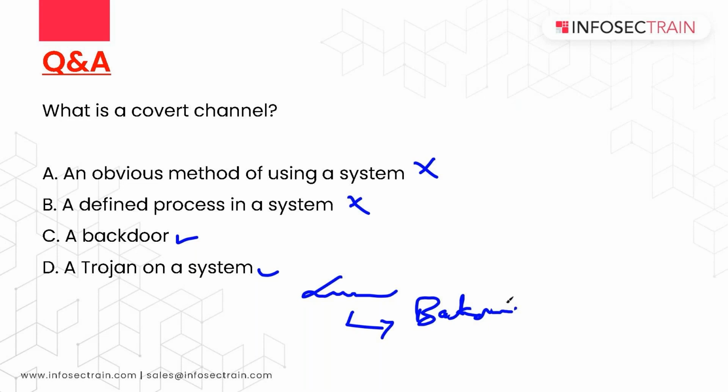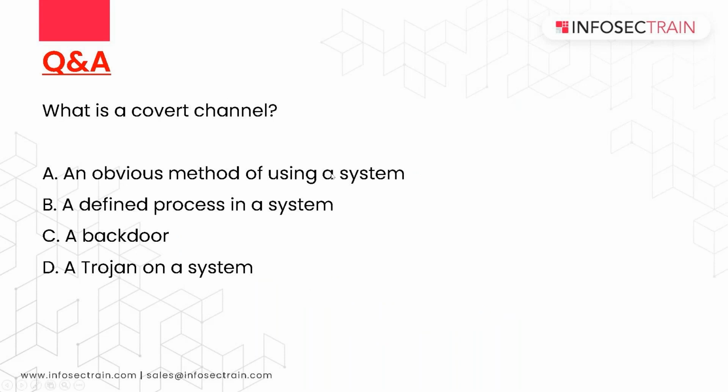Trojans use the covert channel, but along with that, a Trojan has a lot more functionalities, like stealing data and performing many other functions. So out of this, the correct answer is option C, which is a backdoor.